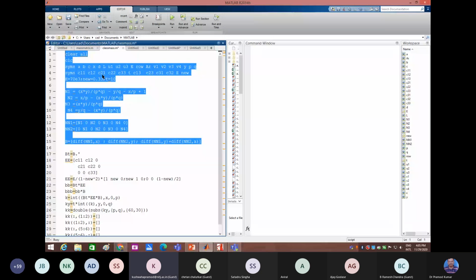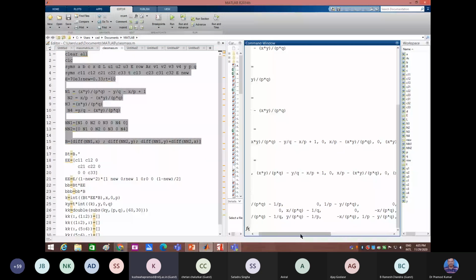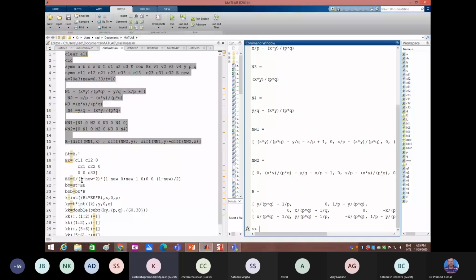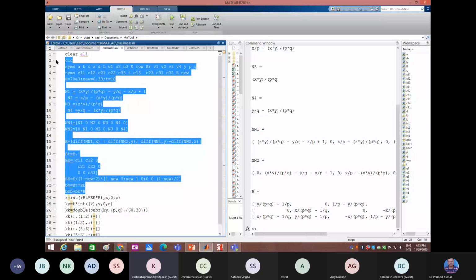This is the matrix which we get. Now this is the matrix. After that we multiply this one and the other matrix.